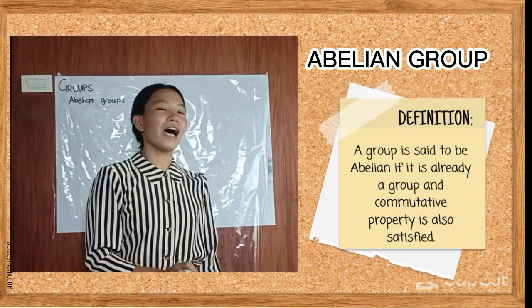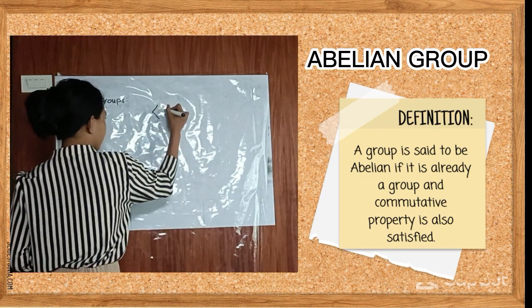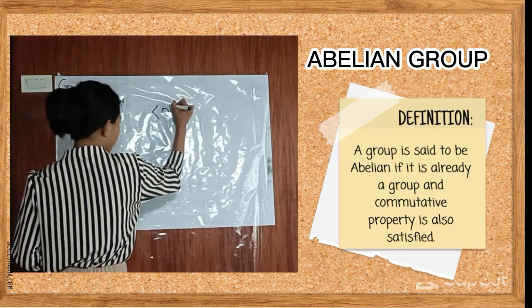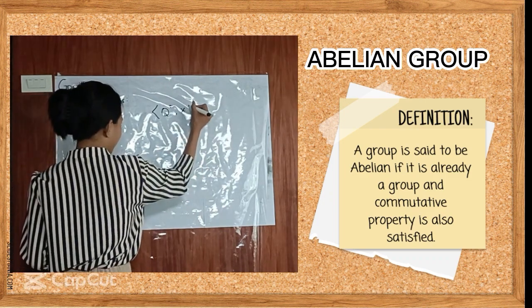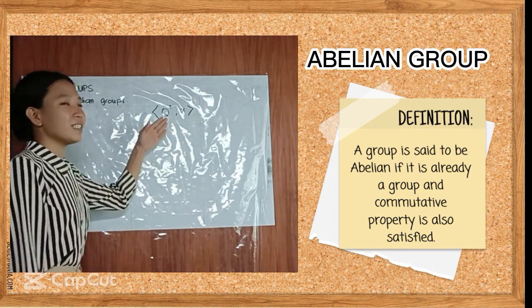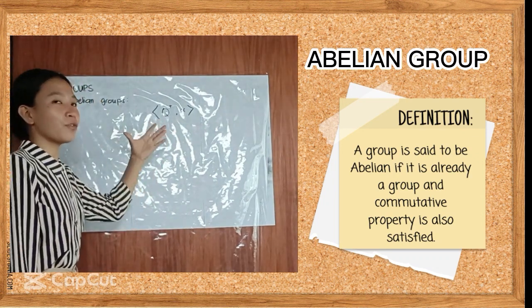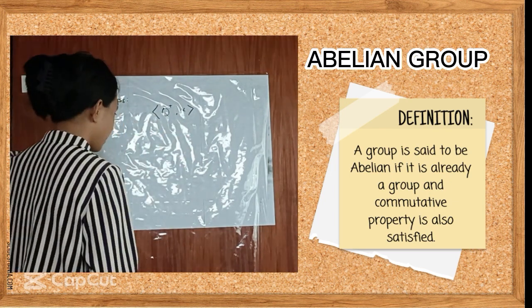Let's have an example: Q plus under multiplication, the set of positive rational numbers under multiplication.